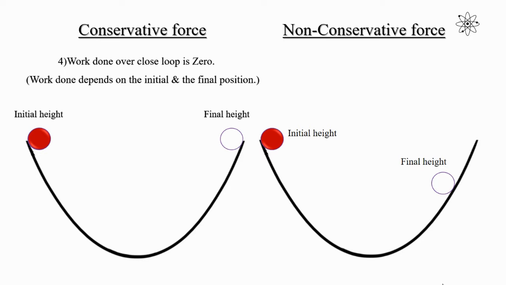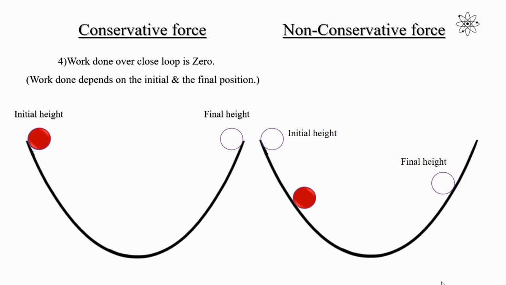But now let's discuss the same situation for the non-conservative force. Here the ball is moved from the initial height to the final height. But when it tries to reach its original height again, it won't reach, because its energy is not sufficient to reach the initial height, because the energy gets dissipated against the frictional force.